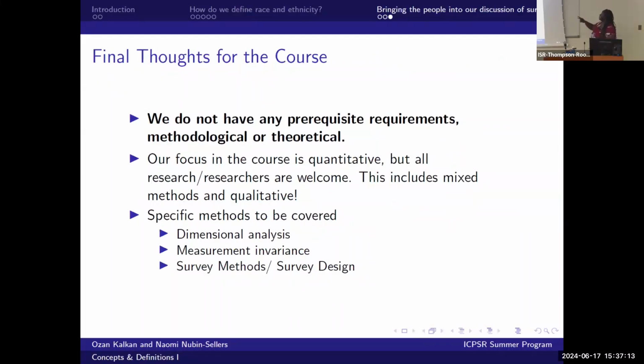Specifically, prerequisites: we don't assume any prerequisites. I think we say that to say that regardless of what background you come from, all perspectives are welcome, whether you've primarily done qualitative research or whether you come from a background that doesn't really have meaningful discussions about race, ethnicity as they relate to some phenomena you observe through your own research.